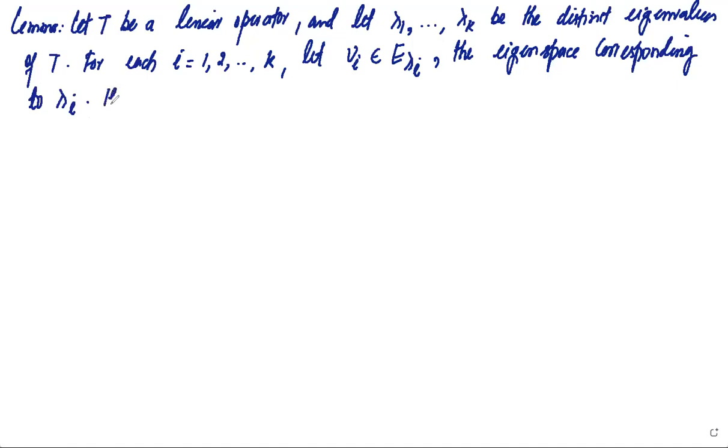Now, if v1 plus v2 plus so on plus vk is equal to 0, then vi is equal to 0 for all i.